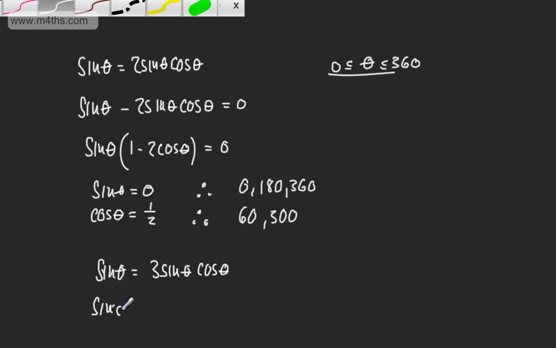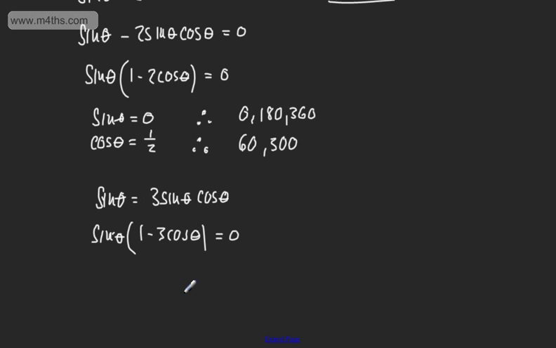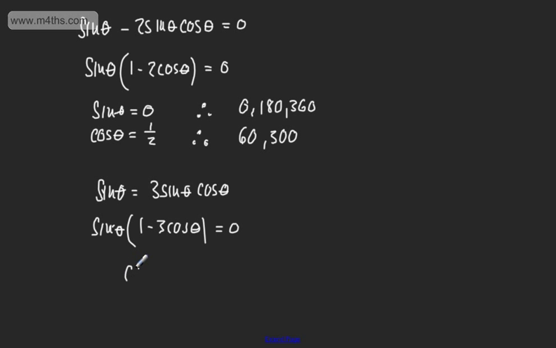So sine theta, 1 minus 3 cos theta is equal to 0. So we'd solve for sine theta is 0, and we'd also solve for cos theta is equal to 1/3. So what we could say is the principal value would be now theta is equal to the inverse cosine, we're working in degrees, of 1/3.